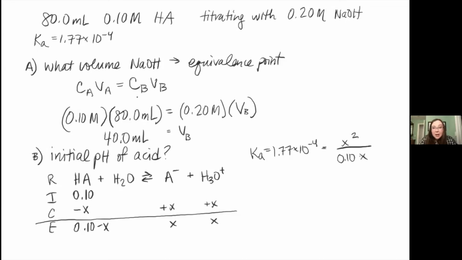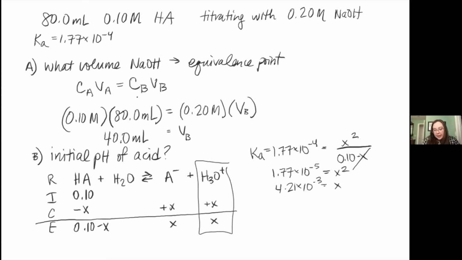It's close to the cutoff here, but I've got 3 orders of magnitude difference, so I'm going to neglect my x. So I'm going to get 1.77 times 10 to the minus 5 equals x squared, and x equals 4.21 times 10 to the minus 3. And x is the same as my H3O+ concentration.